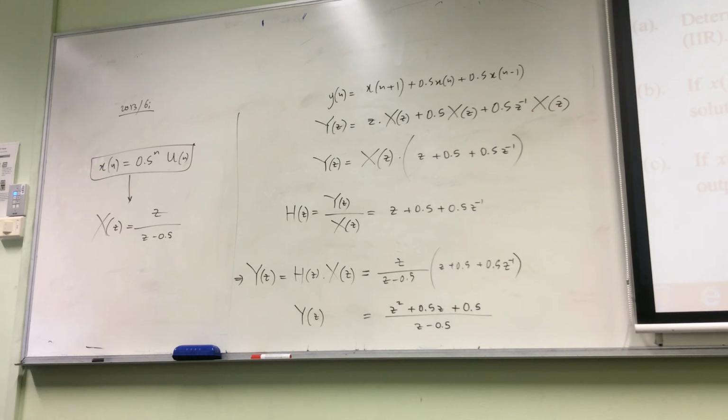I want 1 over Z multiplied by... let's see. There's no standard format to do this. So is there an answer in the exam? Inverse.